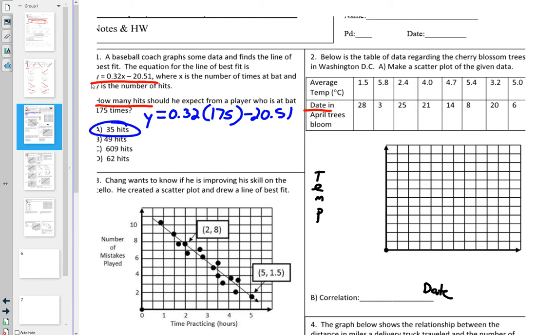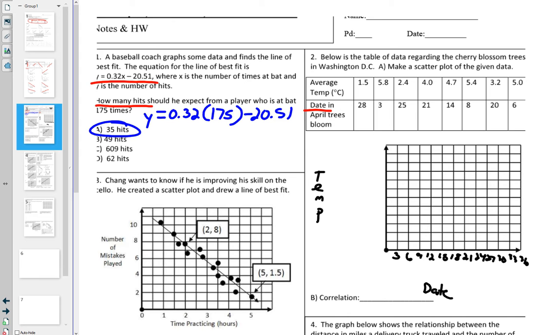All right, let's do 3s then. 3, 6, 9, 12, 15, 18, 21, 24, 27, 30, 33, 36. I have to do it by 3s.